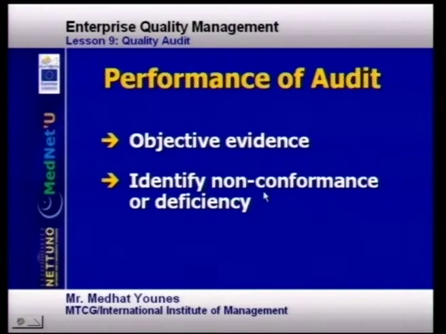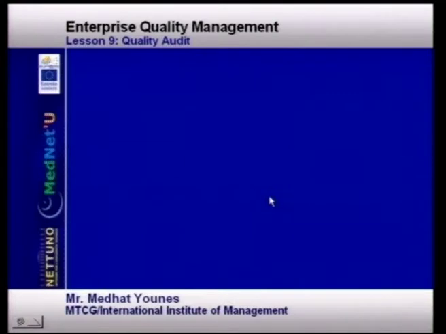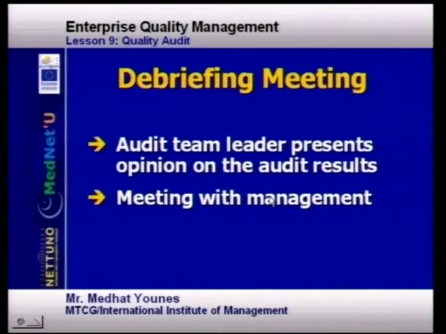If you identify a non-conformance or deficiency, confirm it with your counterpart. Questions to be answered by yes or no with notes explanation. Determine if the non-conformance is of a systematic nature in view of conclusions. Debriefing meeting.